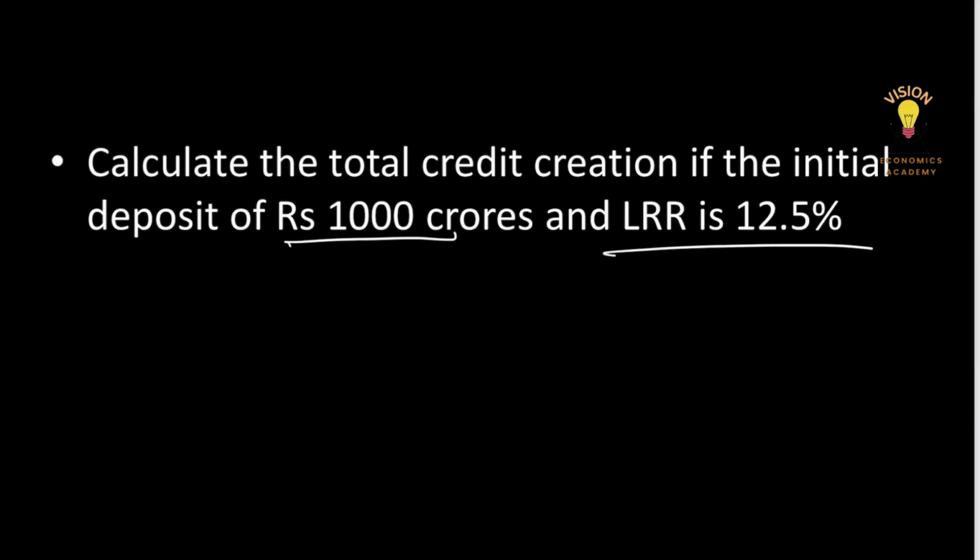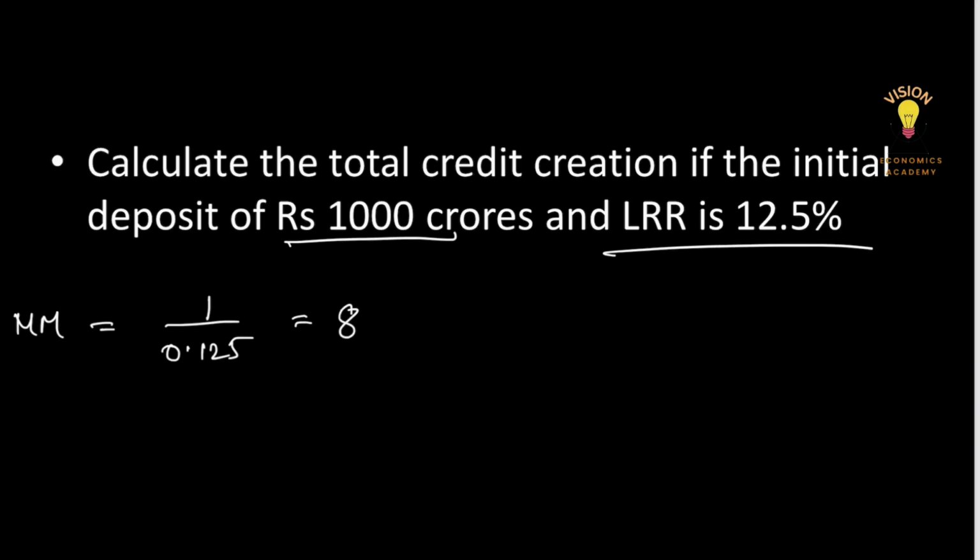With this lower LRR, they can create more loans. So 1 by 0.125, that is the money multiplier, will give us 8.